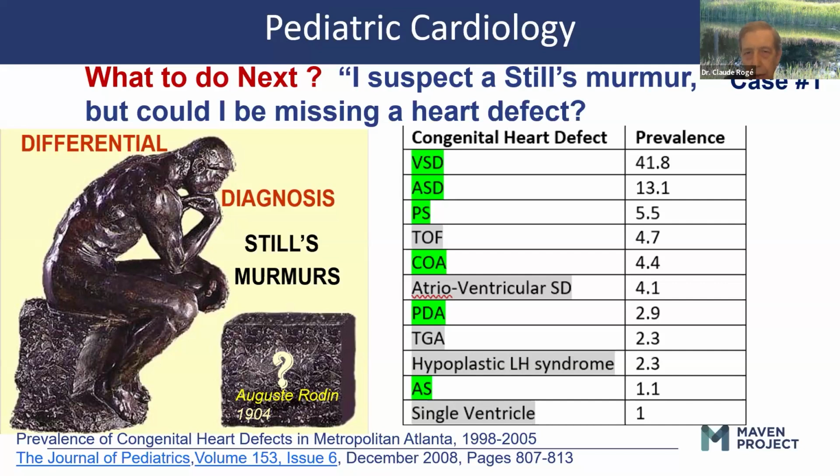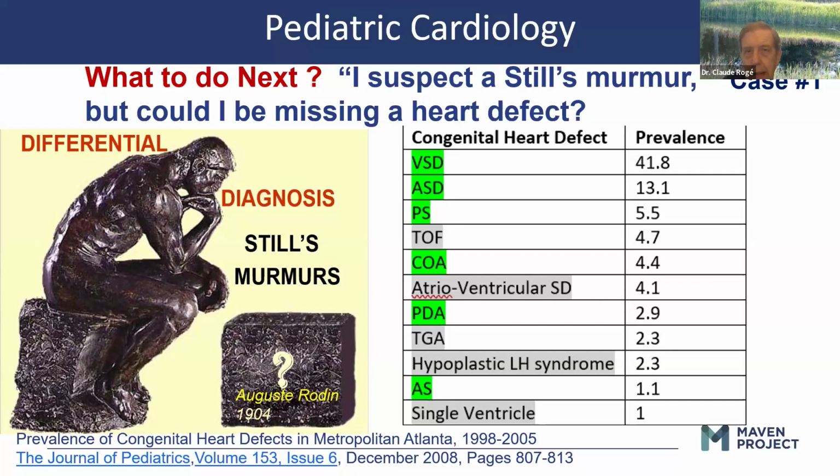The other conditions, like tetralogy of Fallot, atrioventricular septal defect, transposition, hypoplastic, and single ventricle, probably would have been detected. But the ones in green are the ones that you may be the first to suspect.